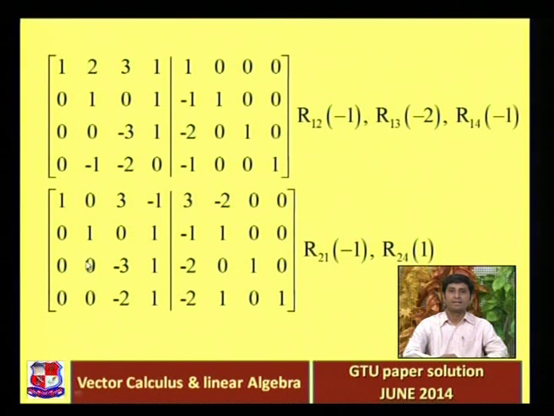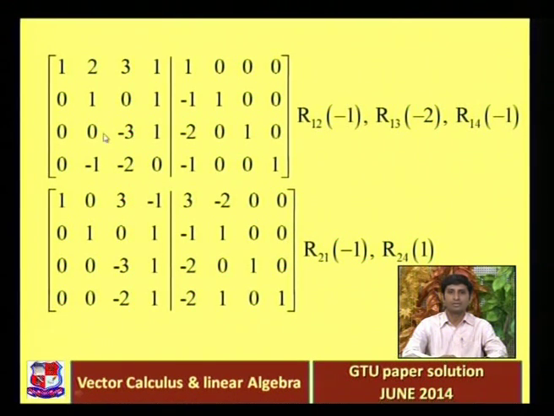So the third row is as it is, 0 0 minus 3 1 minus 2 0 1 0, and then 0 0 minus 2 1. We just have to add the second and fourth rows and put it into all elements of the fourth row, right?